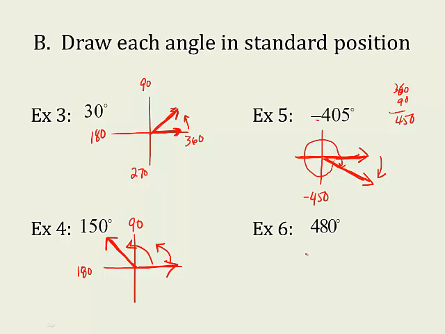All right, what about number 6? Positive 480. Okay, now we're going in the positive direction, so initial side is always right here on the positive x-axis. So this is 0. We know if we make a full rotation, it's 360. If I keep going another 90 degrees, that would be 450. We need more than 450. If I go another 90 degrees, that would be 540.